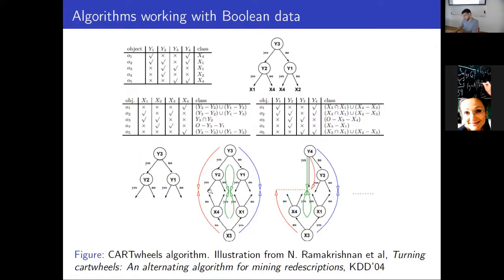The idea is to mesh them in the leaves and look at the paths from one root to the other, and these paths ideally form redescriptions because these leaves should represent somehow related classes.